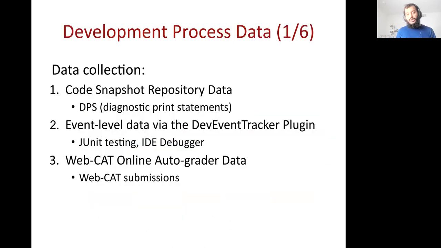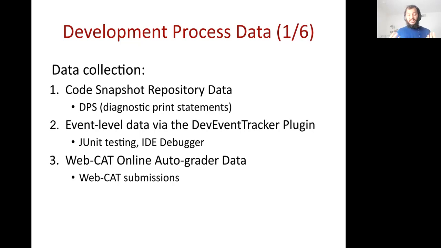For our larger scale quantitative analysis, we collected student usage logs from different sources. Students primarily used the Eclipse IDE during the semester. We devised a rule-based classifier, which we used on students' incremental code snapshots to classify diagnostic print statements.